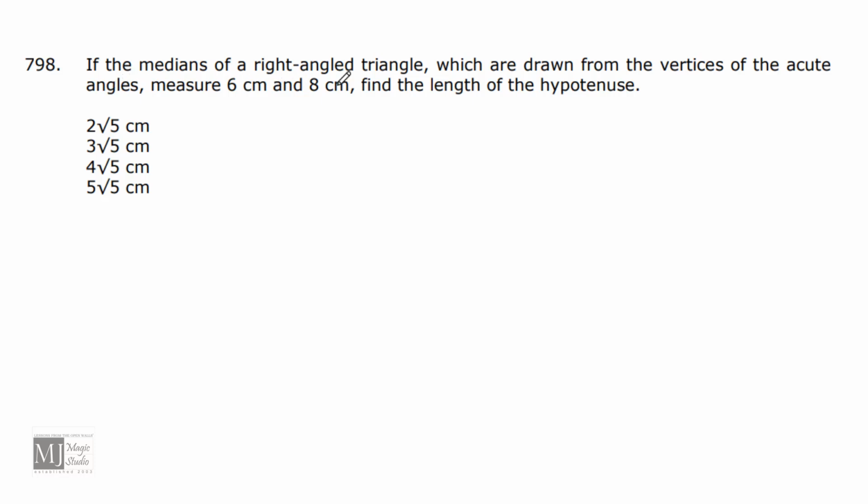If the medians of a right angle triangle, which are drawn from the vertices of acute angles, that means which are not 90 degrees, acute angle means less than 90 degrees, measure 6 centimeter and 8 centimeter, then find the length of the hypotenuse of the right angle triangle. Suppose we have a right angle triangle ABC.